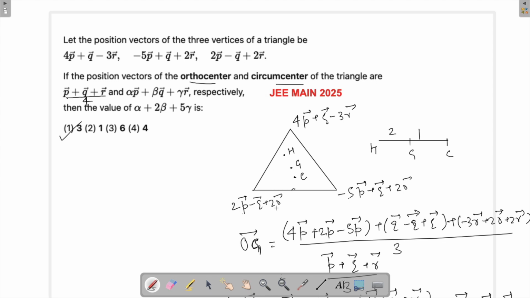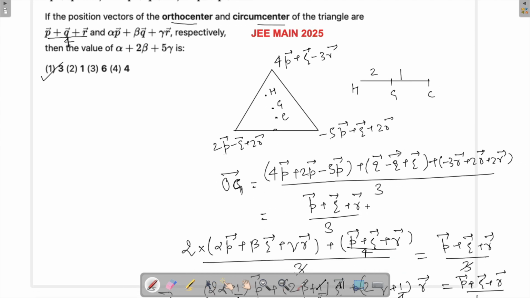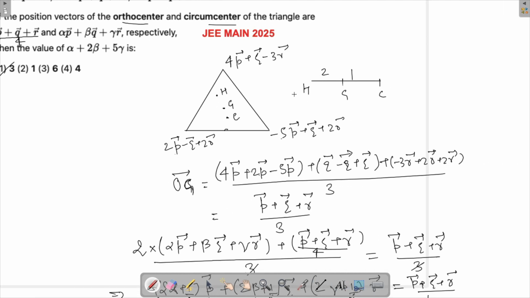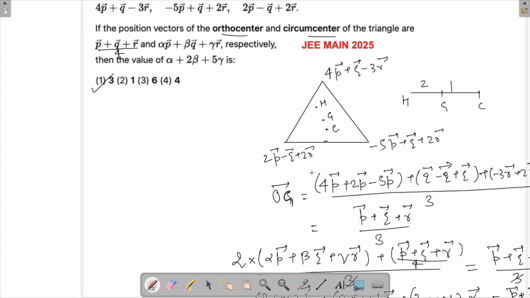You can do that, but it becomes a little complicated and you might not find it so easy. If you just use the property that the centroid divides the orthocenter and circumcenter in a 2:1 ratio, then this problem is pretty easy. And this property has been used quite a lot in previous JEE Mains as well, so you might know it.